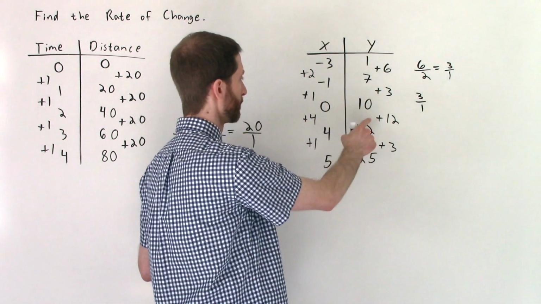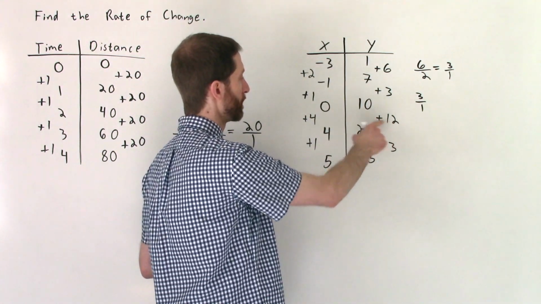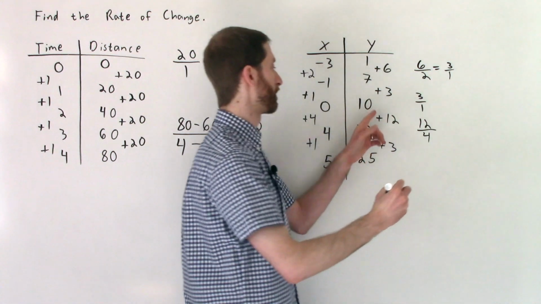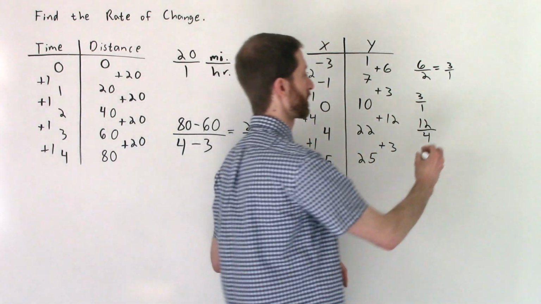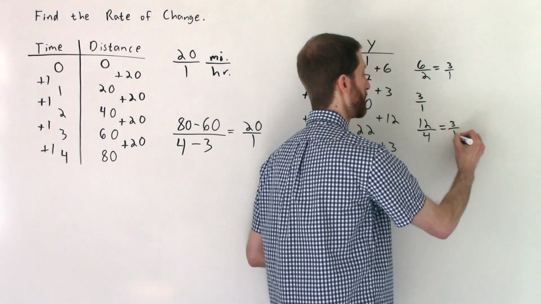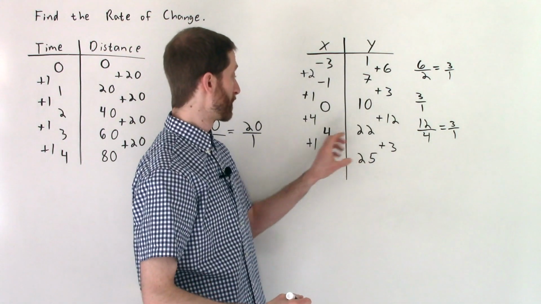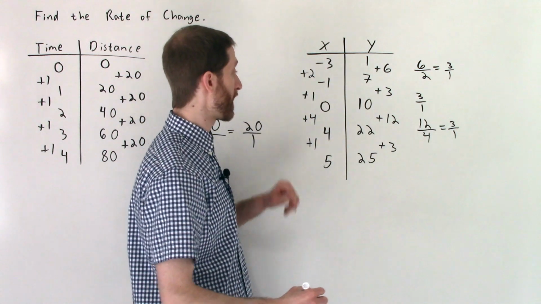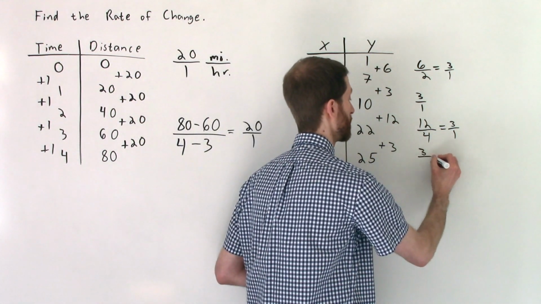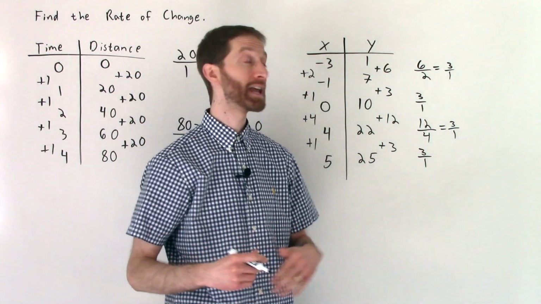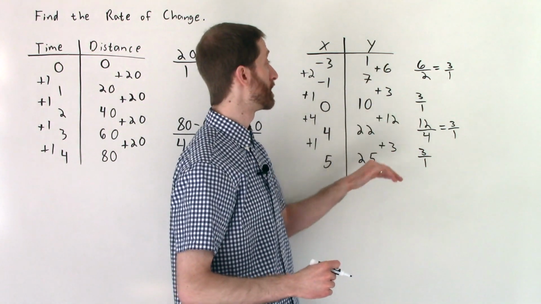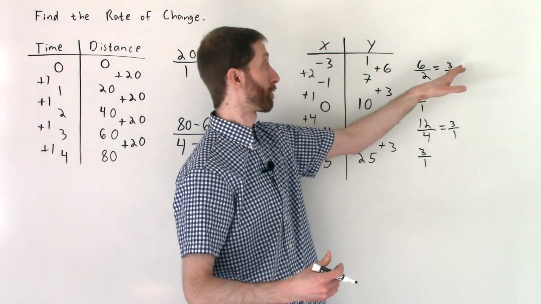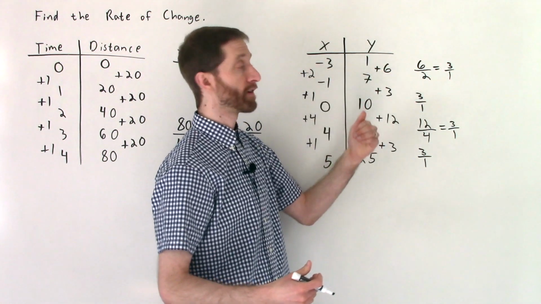And then here, between (0, 10) and (4, 22), we've gone up 12 in the y direction, up 4 in the x direction, which is 3 over 1. And finally, in this last one, between (4, 22) and (5, 25), we've gone up 3 in the y direction and up 1 in the x direction. So the rate of change actually is the same for all of these data points. For every change of y of 3, we go change of x of 1.